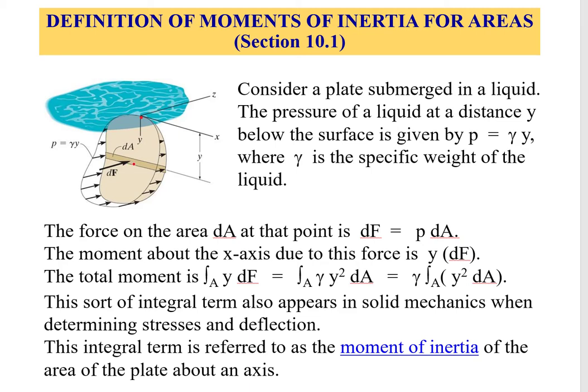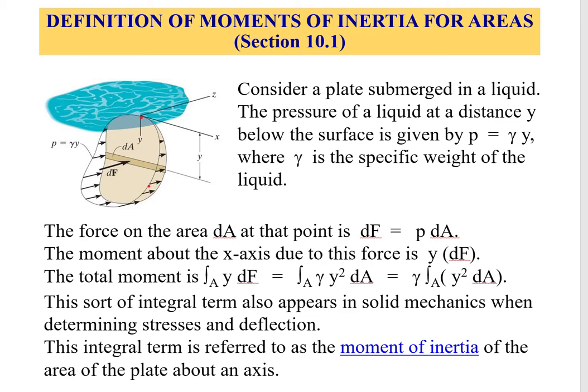So let's take a strip, or a finite fragment, on the plate and calculate the pressure on this strip. Now, the pressure depends first on the specific weight. The specific weight for water, and for any other liquid, is known and constant.